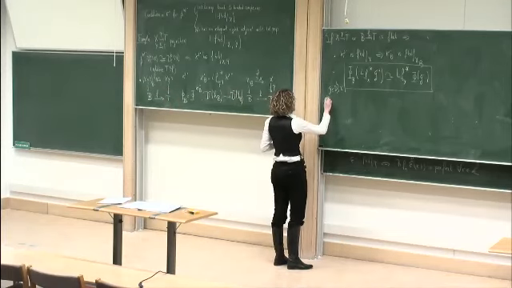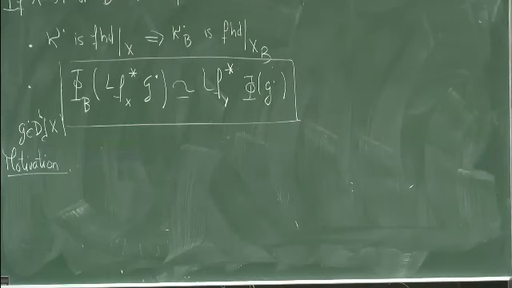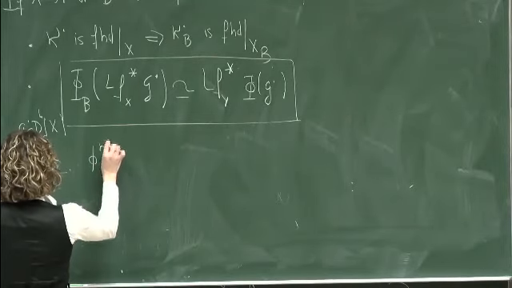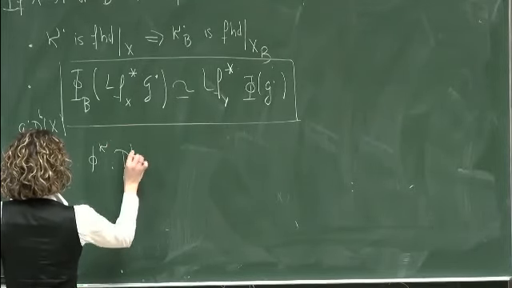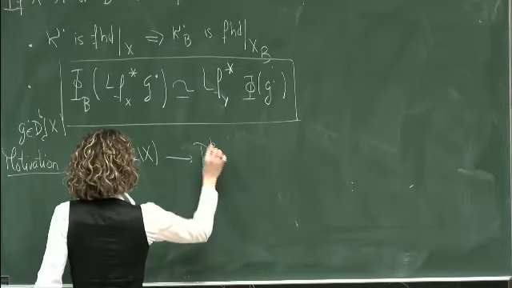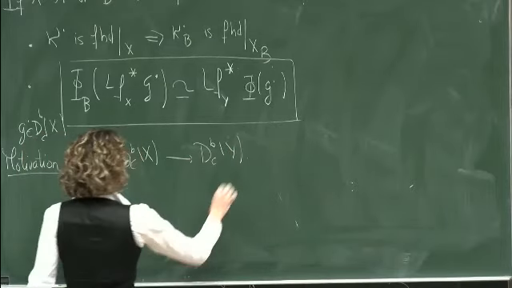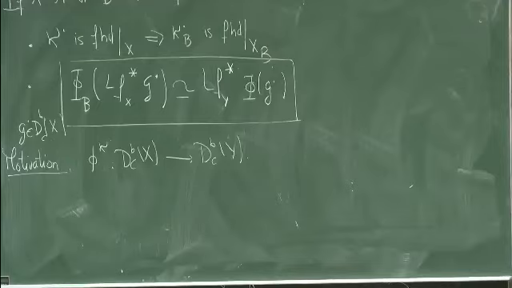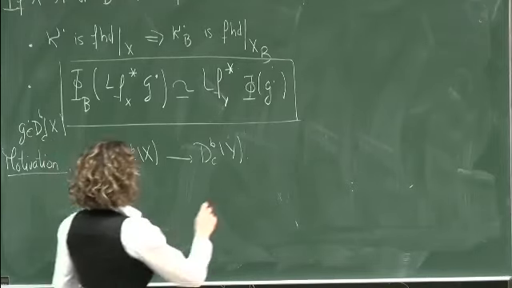So, some kind of motivation for the talk. If you have an integral functor from here to here, relative or absolute, I don't mind, with two properties.